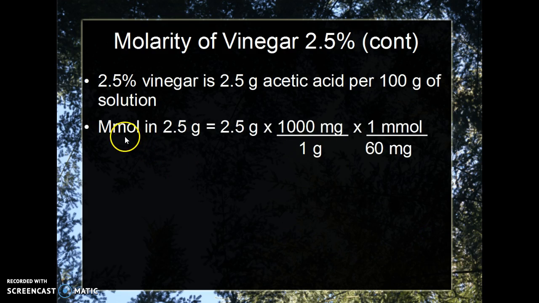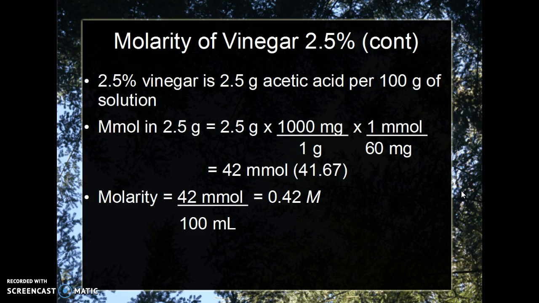Well, the millimoles in 2.5 grams would be 2.5 grams times 1,000 milligrams per gram times the reciprocal of the molar mass. There's 1 millimole in 60 milligrams. We just calculated that on the previous slide. That's 42 millimoles in 2.5 grams of acetic acid.